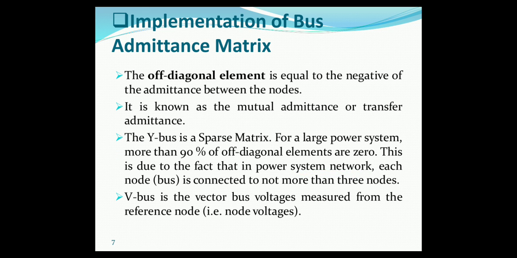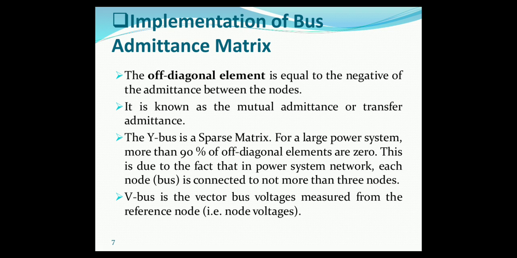Coming to the next point, the continuation of the implementation of the bus admittance matrix. With respect to the diagonal elements, there will be off diagonal elements. As we took a 3 bus system as reference, you need to calculate the values of Y12, Y13, Y21, Y23, and also Y31 and Y32. Those are called mutual admittances or transfer admittances of the given matrix.